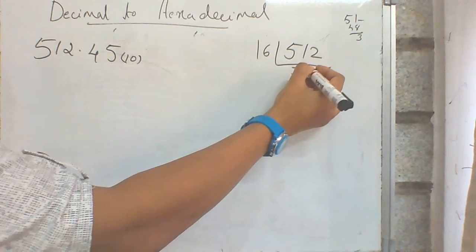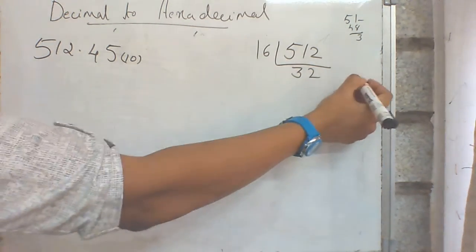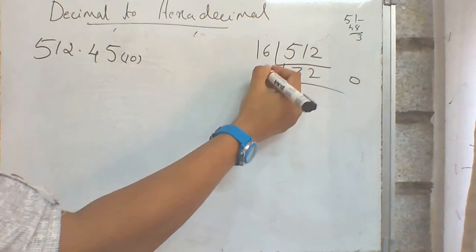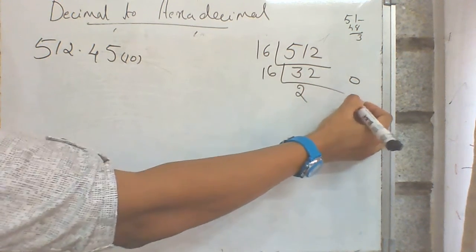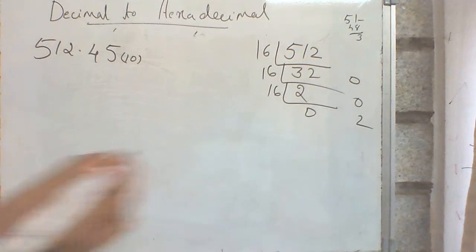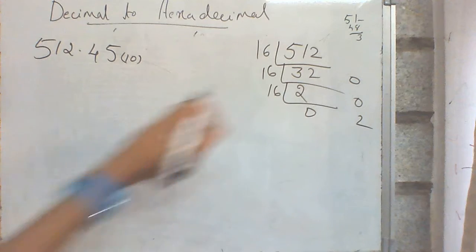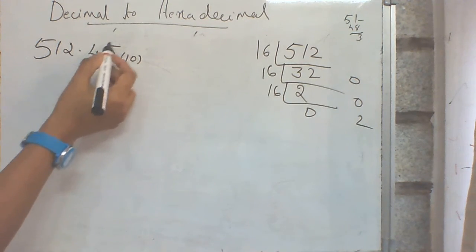Then in 32, 16 twos are 32. The answer is 200.